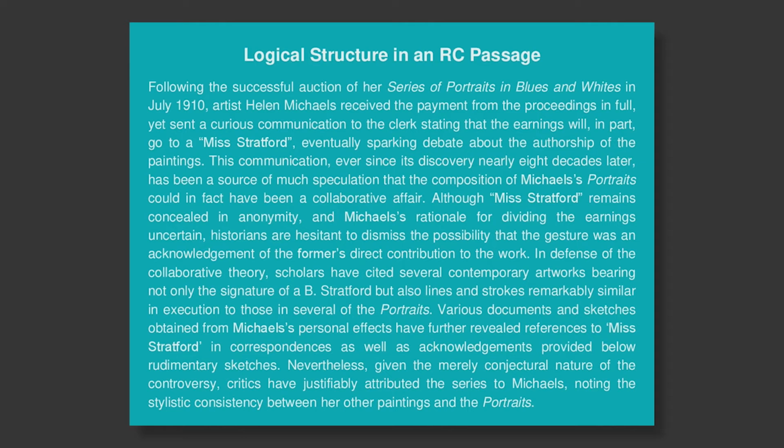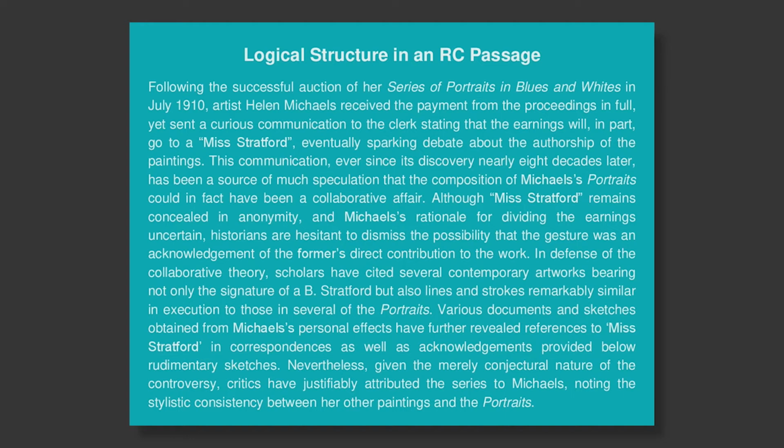Now, scholars trying to defend this theory that two people worked on these paintings have cited some things. What have they cited? Contemporary artworks that bear the signature of a B. Stratford. So they're trying to link, right? Okay, so here we have some paintings that are by a Stratford. We don't know who this Stratford is, but it's possible that this Stratford is the same as that Stratford, right? And not only are these signatures here, we also have lines and strokes remarkably similar in execution to those in several of the portraits.